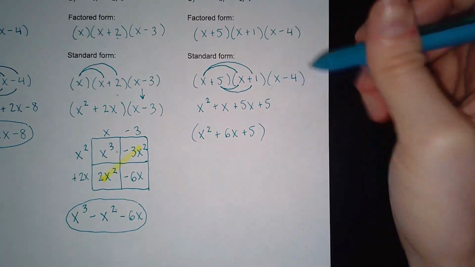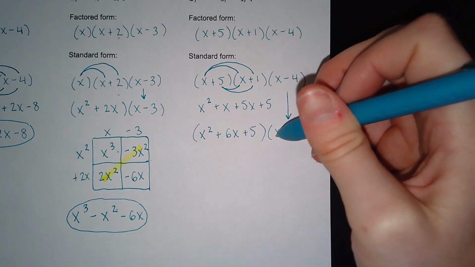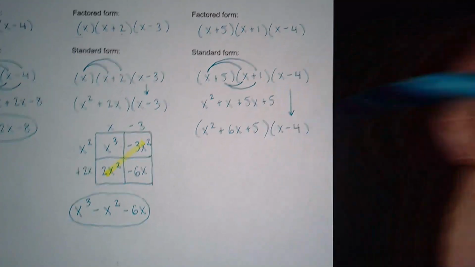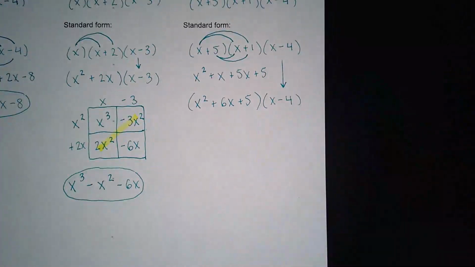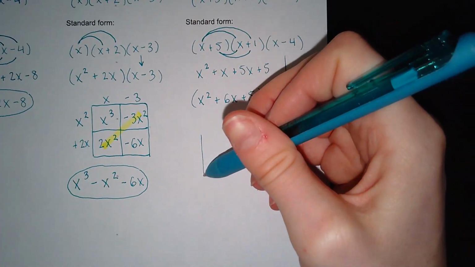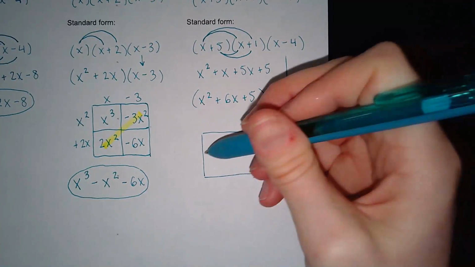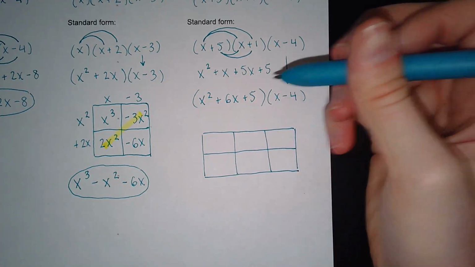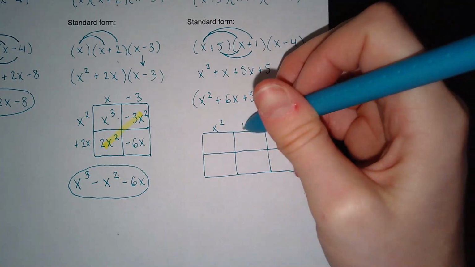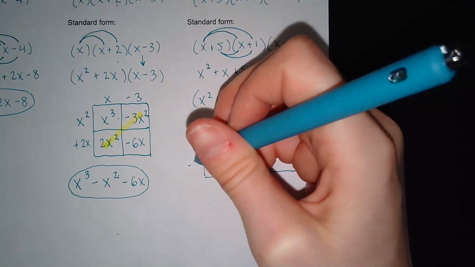Now, we still have to multiply by this third factor here, so I'm going to bring down that x minus 4, and we would have to multiply, again, doing distribution or box method. Since this one has 3 terms, I'm going to go ahead and set up a box, just because once I get to a trinomial, I like the box to help me stay organized. I'll put x squared plus 6x plus 5, and then x minus 4.